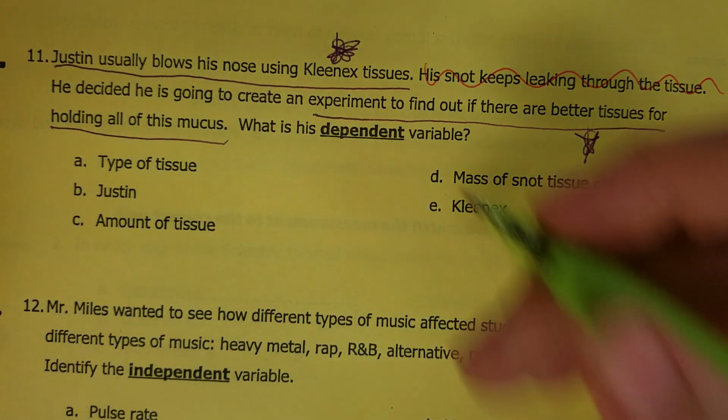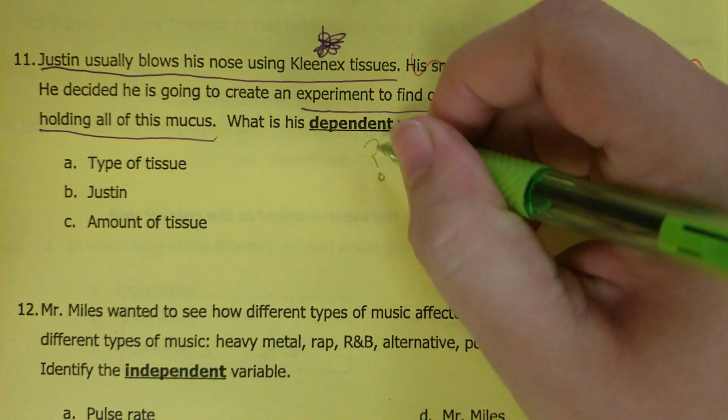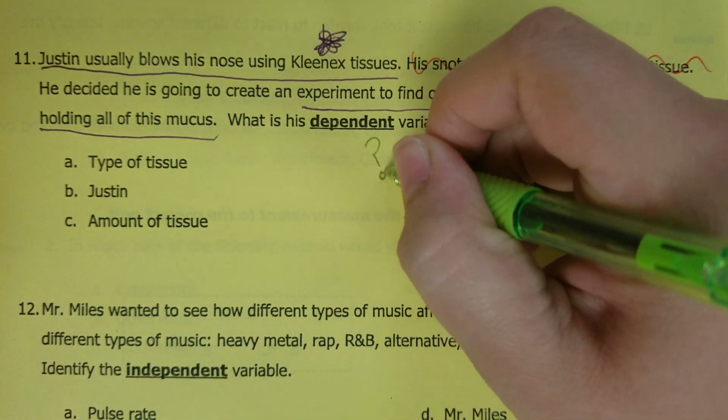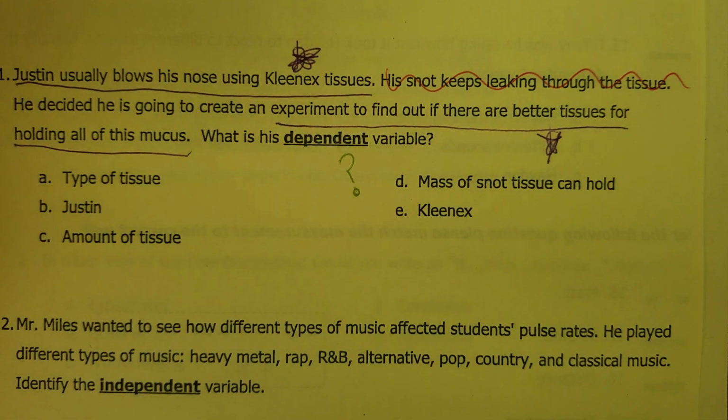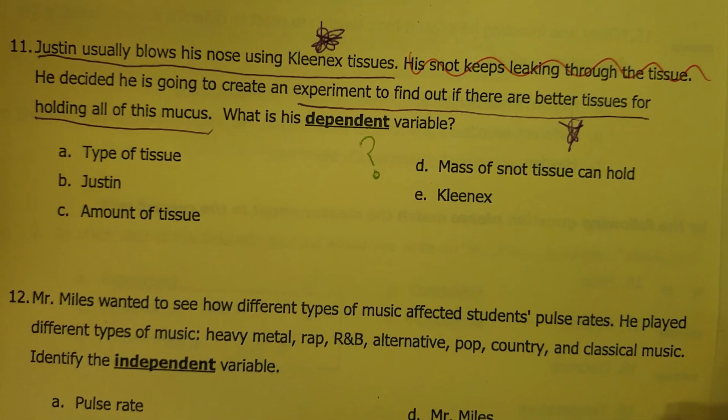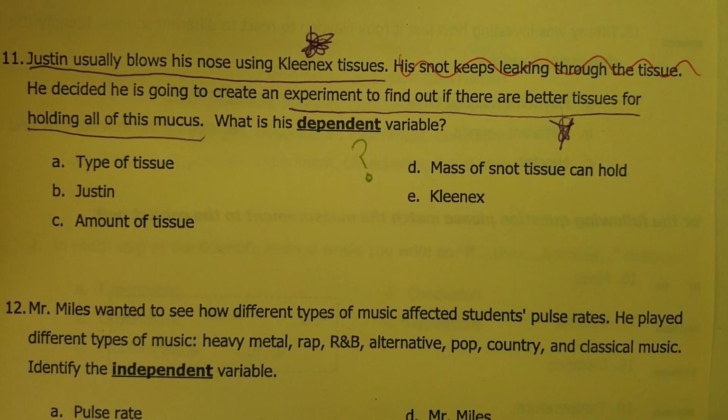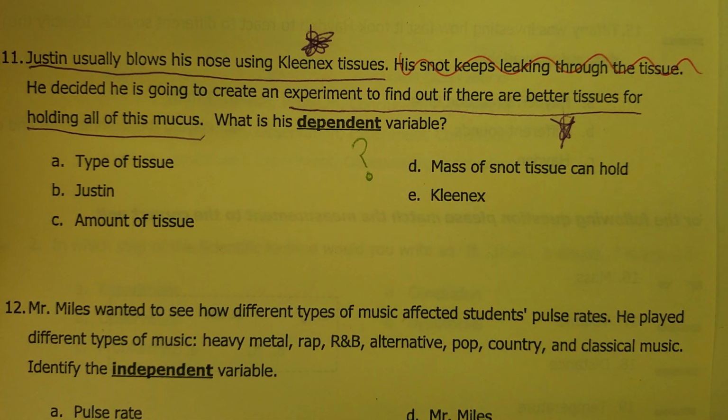Now, this time around, we are looking for our dependent variable. Now, we know an independent variable is what we choose. All right? What does Justin choose? But that's not what our dependent variable is. Our dependent variable changes because of what Justin chooses.